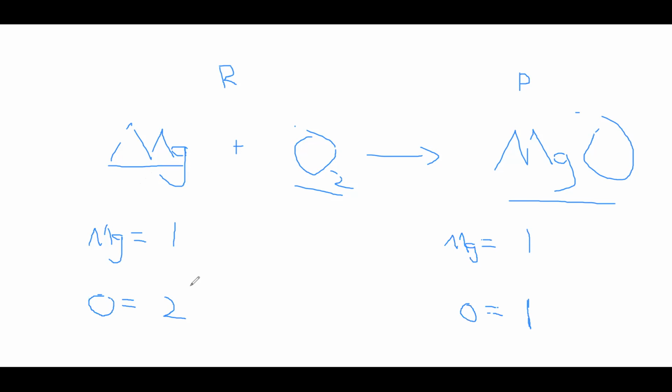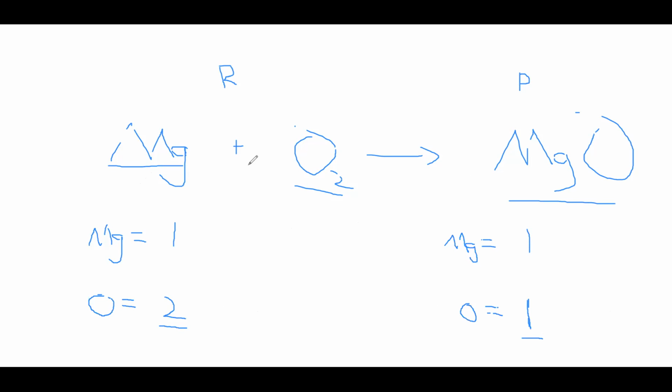So this is not a balanced equation, right? Our Mg's look like they're balanced to start off with, but our O's are not balanced. We have 2 O's in the reactant side, but only 1 in the product side. So we don't have a balanced reaction.